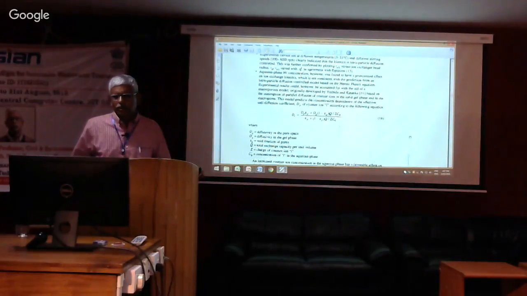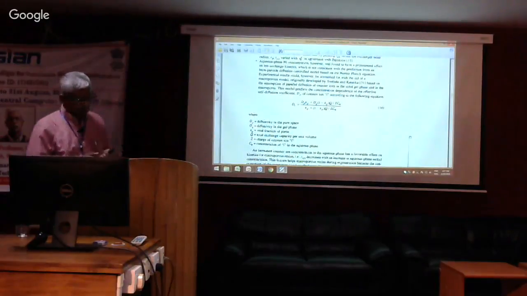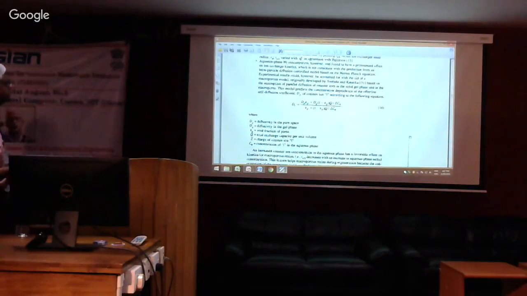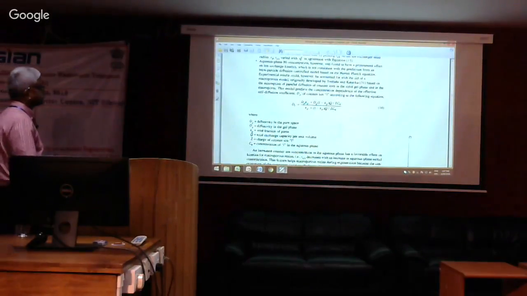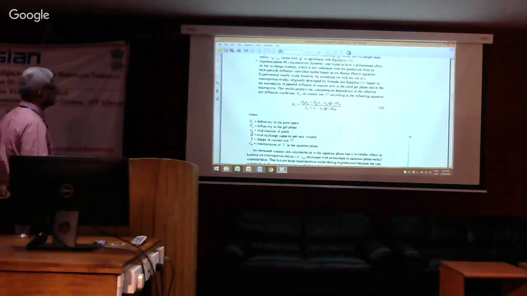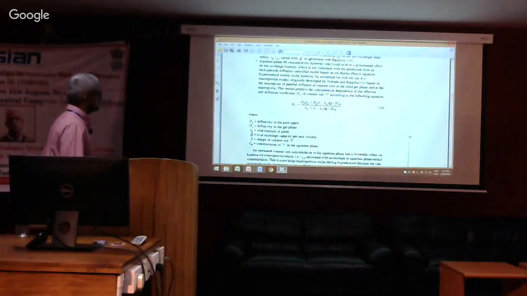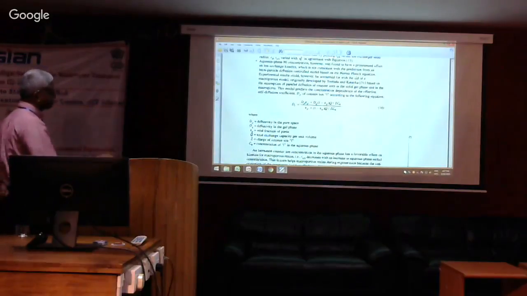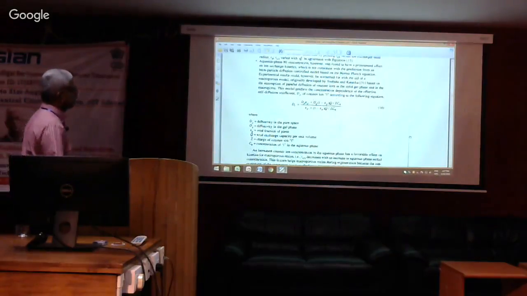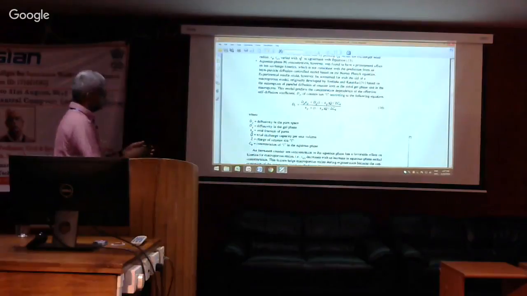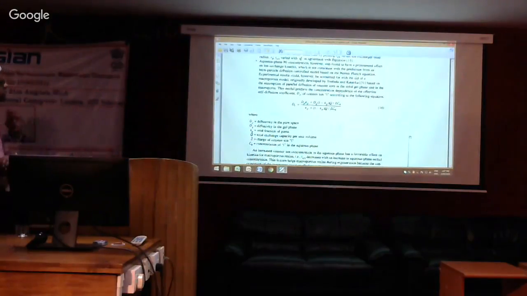There is another model which we have to use many a time, and that is based on the self-diffusion coefficient of a counter ion. This is an equation that we use. This is based on much more recent work, Yoshida and Kataoka, and there is a little difference in the assumption. This is the assumption of parallel diffusion of counter ions.